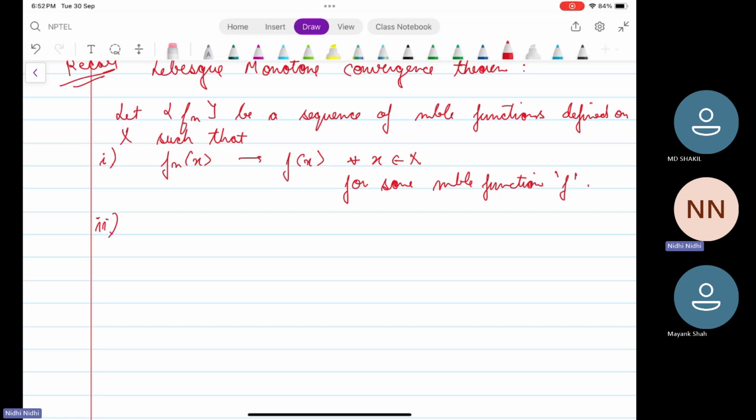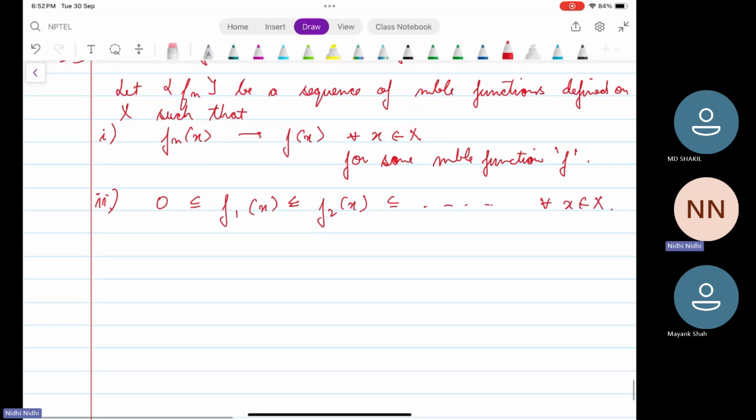Secondly, the sequence is a monotone sequence. That means we have 0 less than or equal to f1 x less than or equal to f2 x and so on. This is happening for every x in X. Then in that case, we can say that this limit and integral can be interchanged.